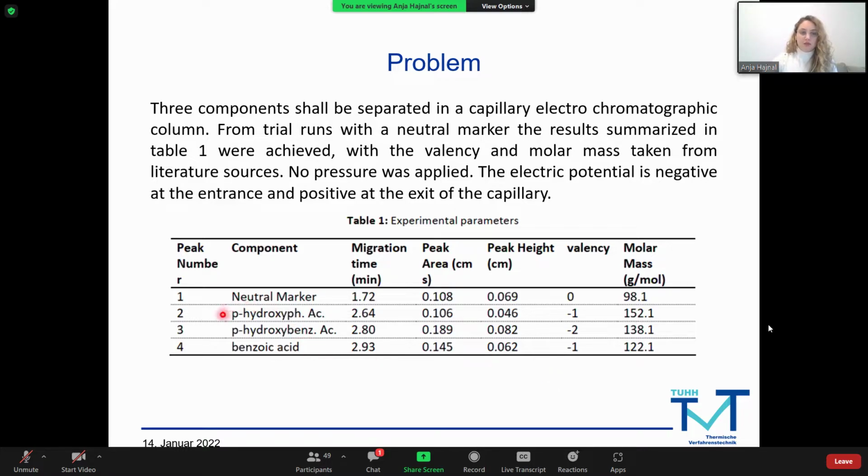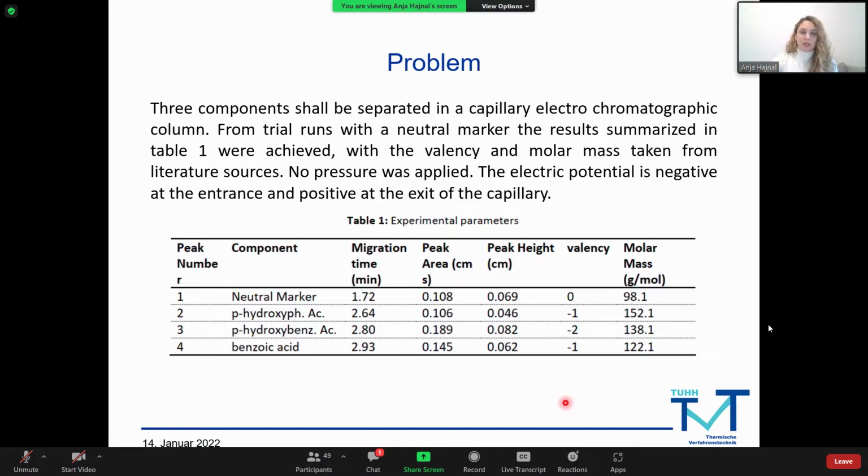So yes, as I said, we have these three components that we need to separate, all three negative in their valency, and we also put inside a neutral marker, which has no charge. We will see why.